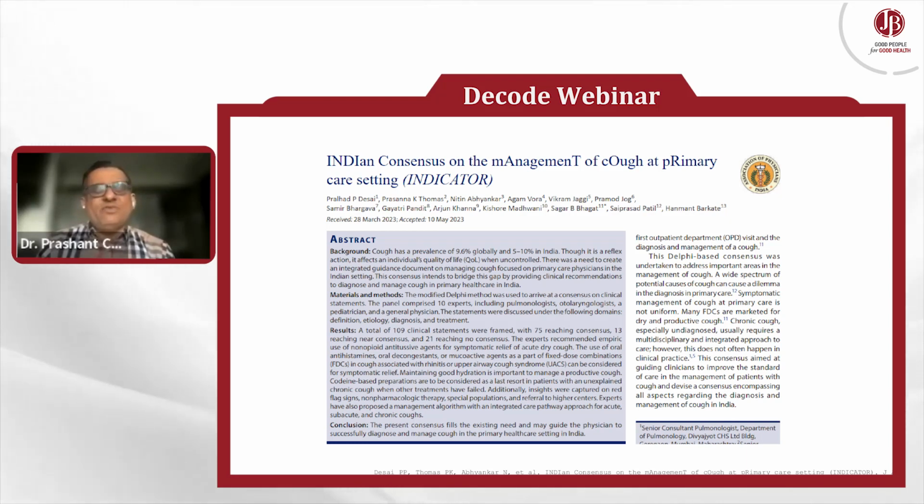Okay, so I think this is a very important and a very interesting document. The method they used was the modified Delphi method to arrive at a consensus, which makes it quite a strong method of making a consensus guideline.